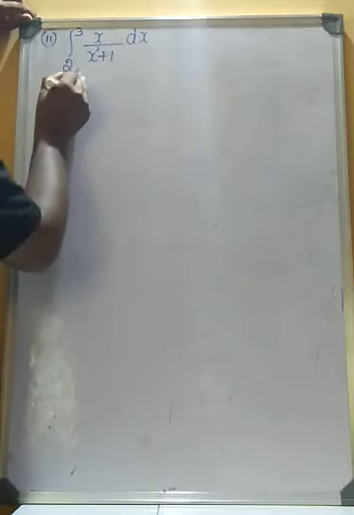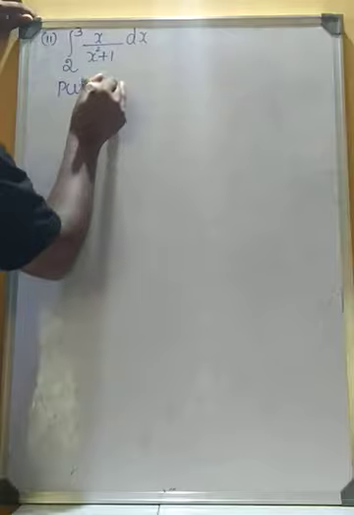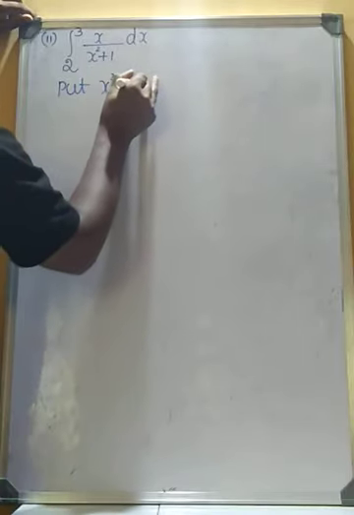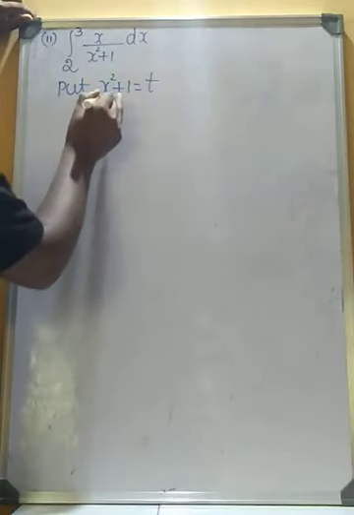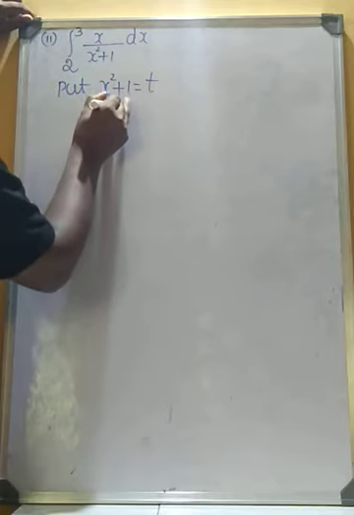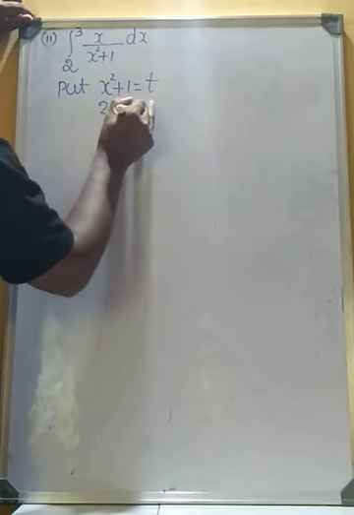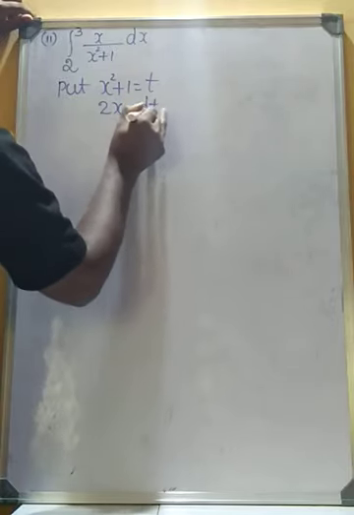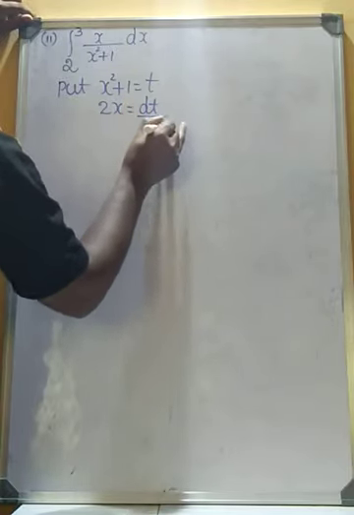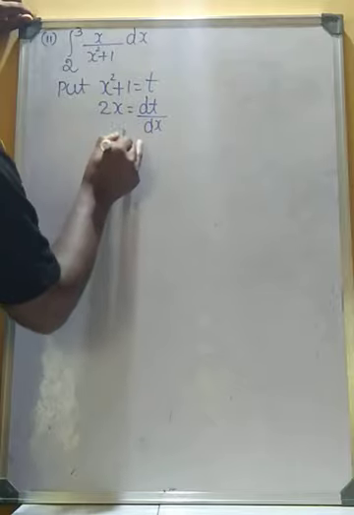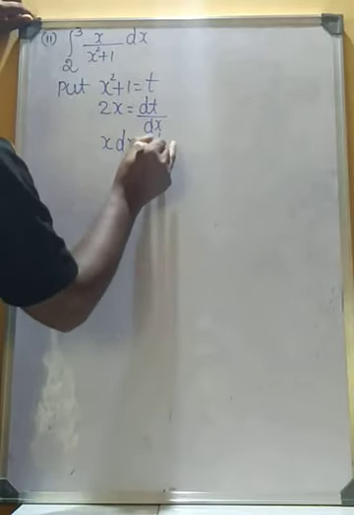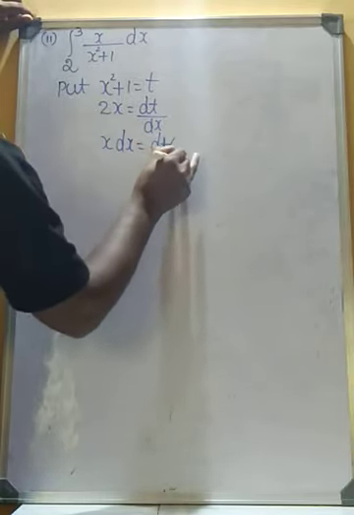So now put x square plus 1 equal to t. Differentiate with respect to x. 2x plus 0 is equal to dt by dx. Therefore, x into dx is equal to dt divided by 2.